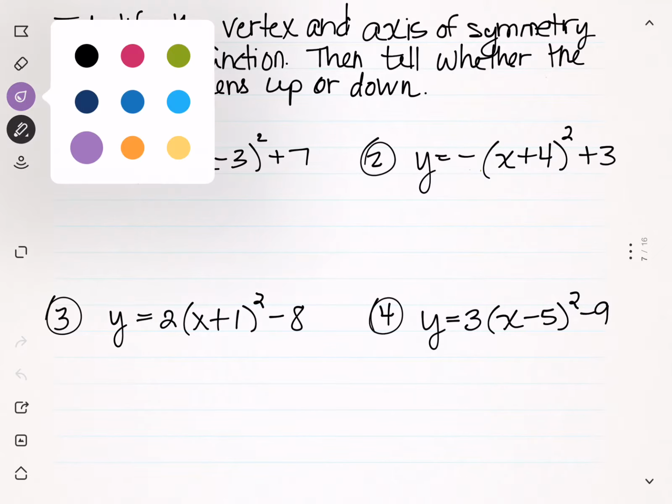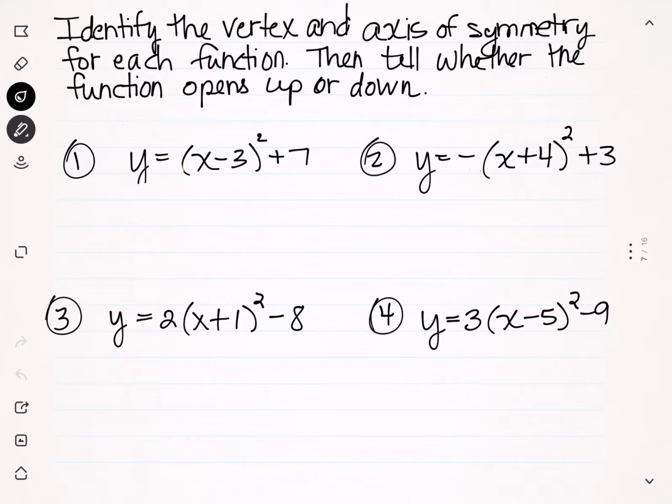Okay, so looking at the equation, I'm specifically wanting to look at the value of h and k to determine my vertex. So h is going to be the number 3. Now remember that it's always opposite of what you see. So if it says -3, it's really positive 3 for the value of h. And then 7 is going to be the value of k.